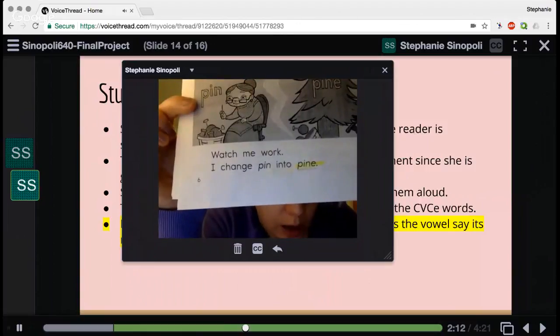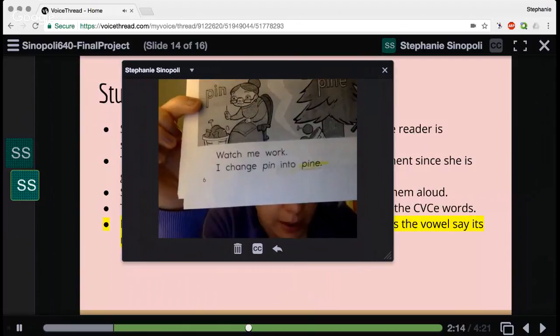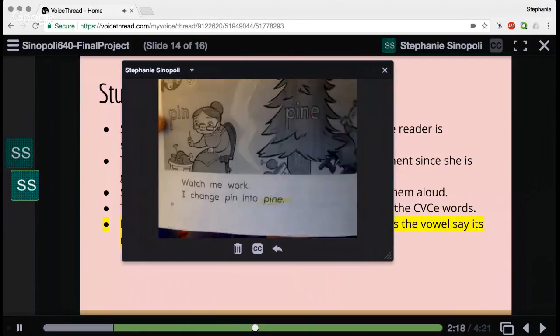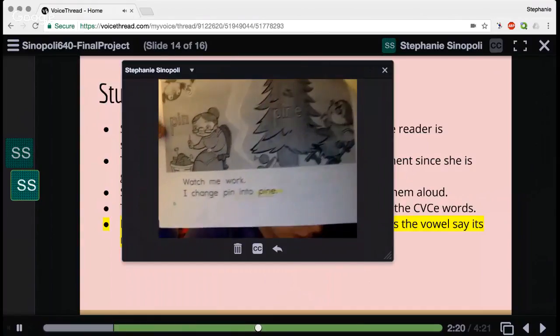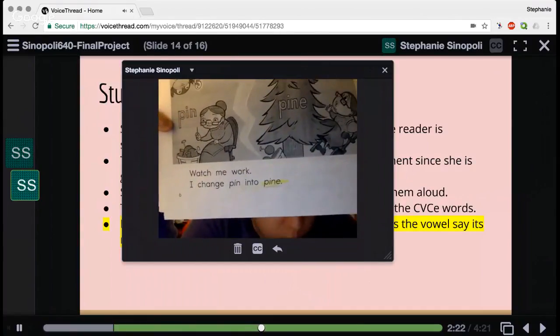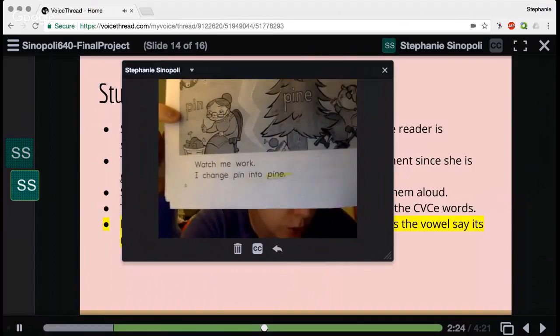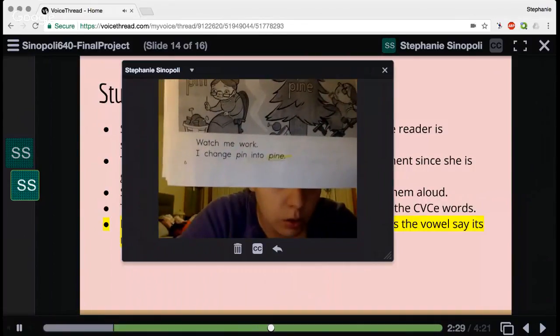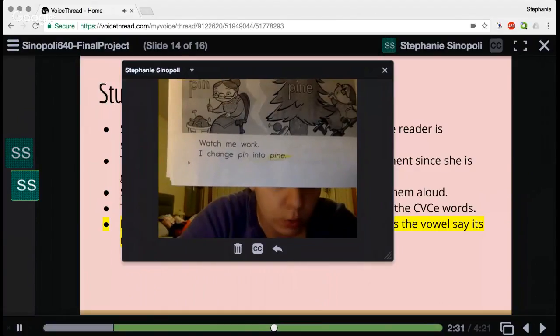Watch me work. I change pin into pine. Good, Karen. Highlight the word. What's the difference between pin and pine? The rule is the E makes the vowel say its name.